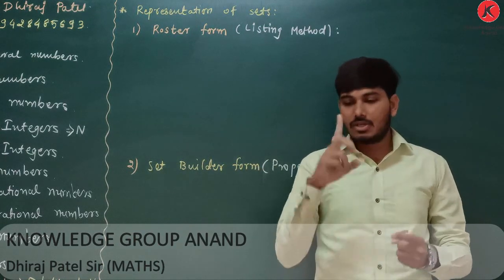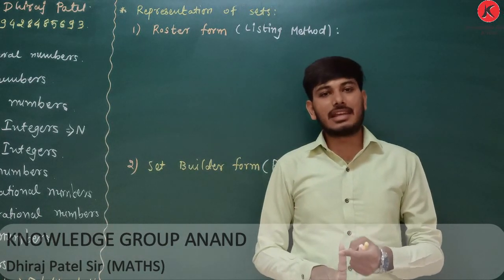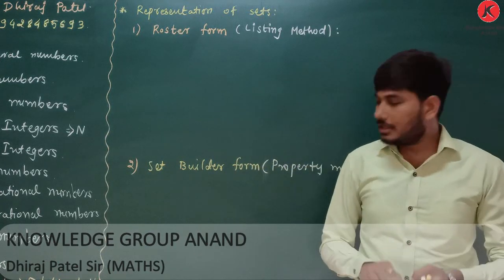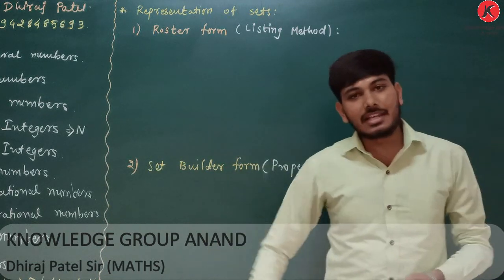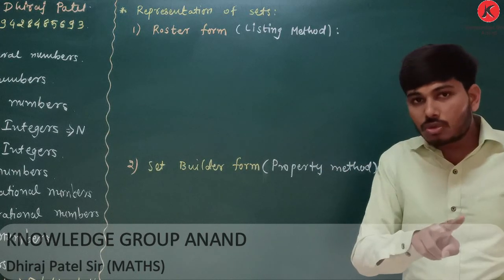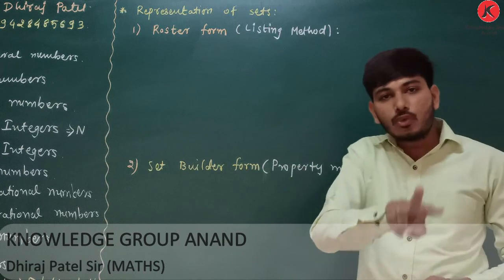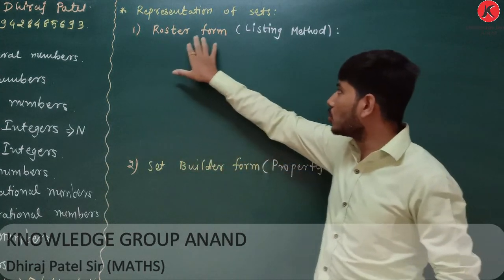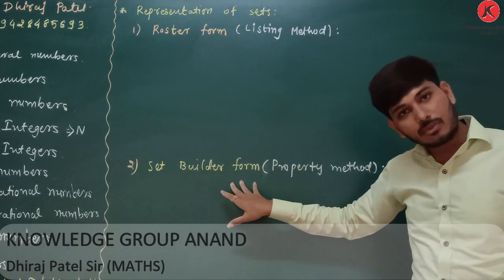The first one is roster form, or we can say a listing method, and the second one is set builder form, or we can say it is the property method. There are two methods for representations of sets. First one is roster form and second one is set builder form.